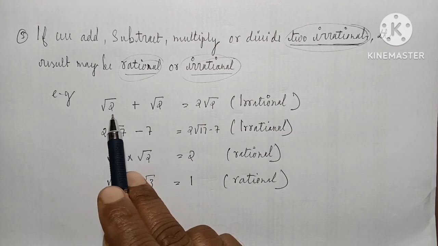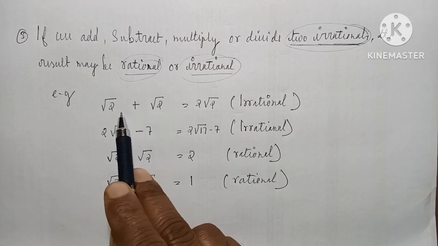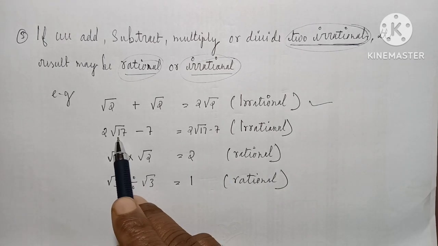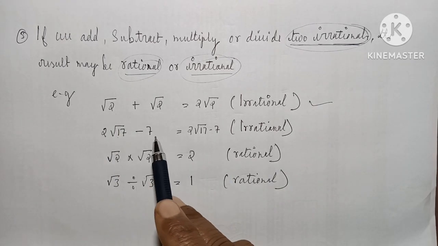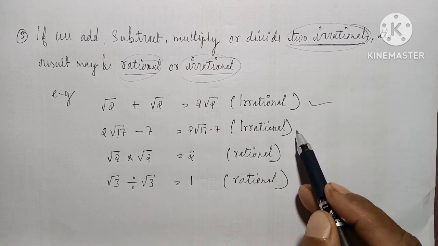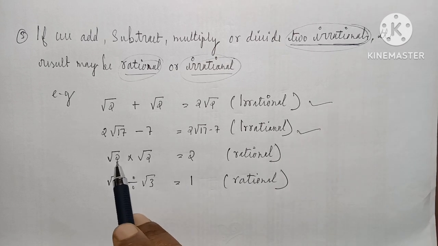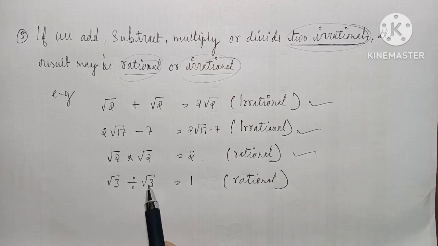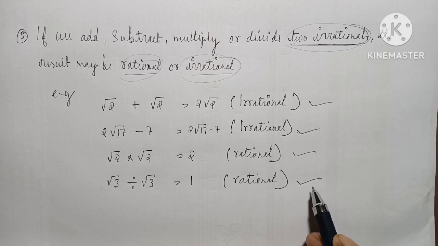Here you see, two irrationals we add, then we get an irrational number. Here you see an irrational and a rational we subtract, then we get an irrational. Then two irrationals multiplied, we get a rational. Then two irrationals divided, we get a rational number.